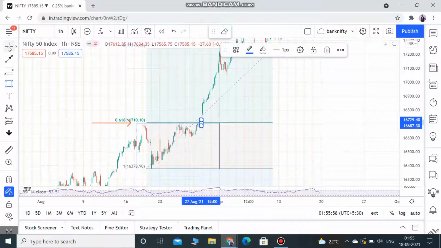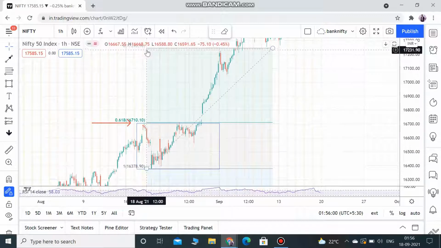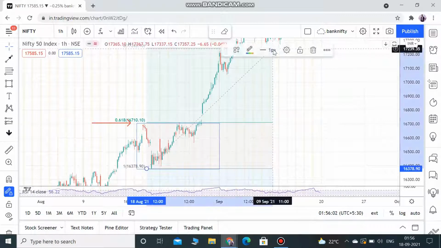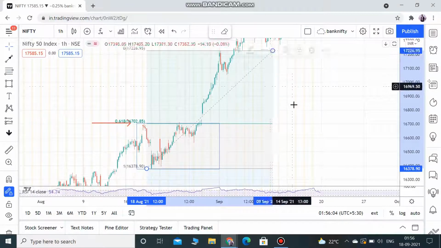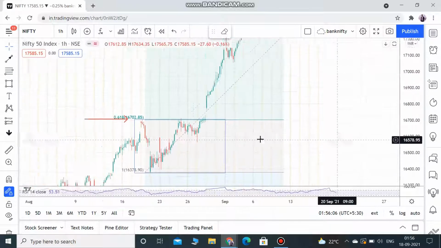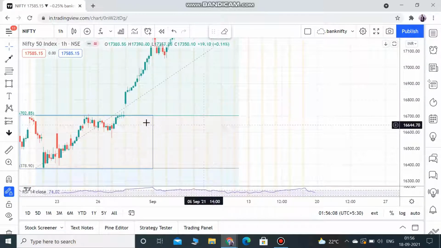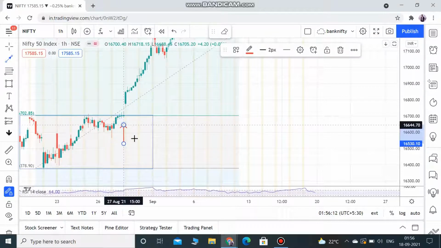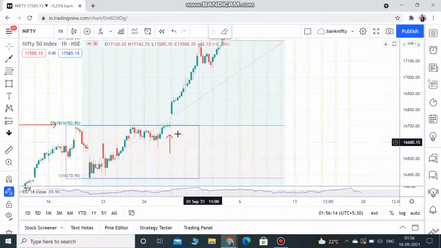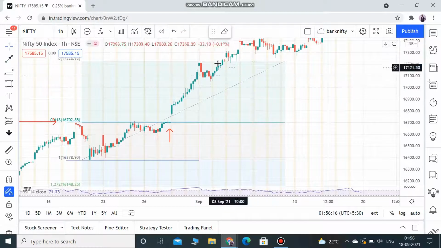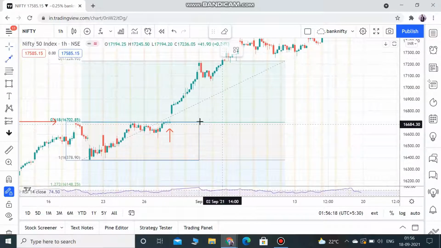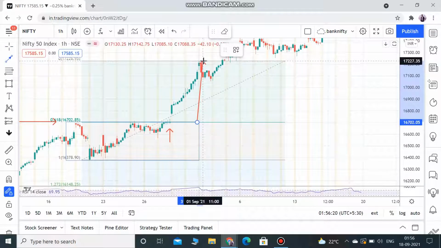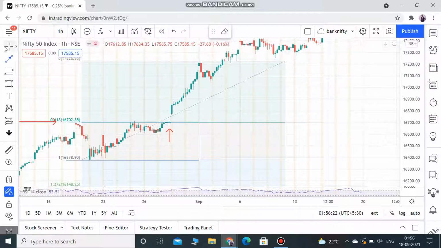You agree with this? Let me have 61 here. See this particular candle I'm talking about. See how beautifully it has rejected at this point. So you can target it till there.